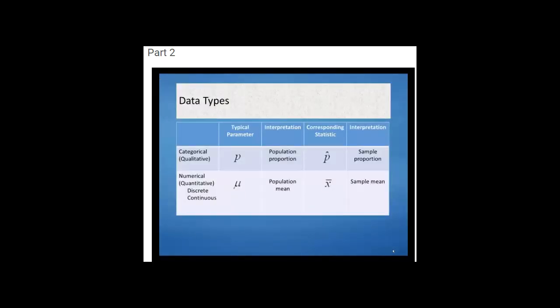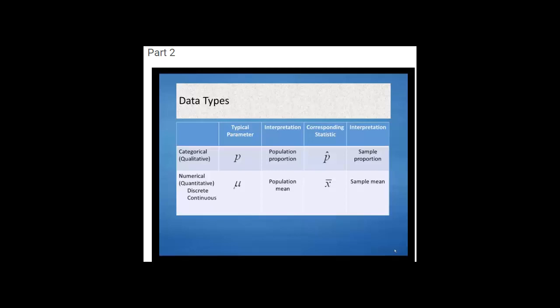This table summarizes the notation for the concepts of parameter, statistic, and the data types. For the categorical data, the most often used parameter is the population proportion in some category, and the corresponding statistic is p hat, the sample proportion.